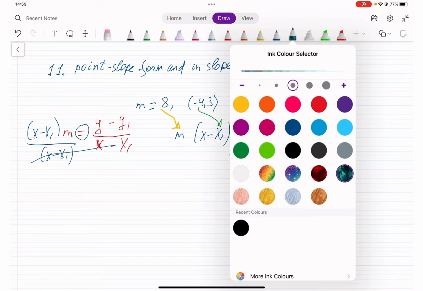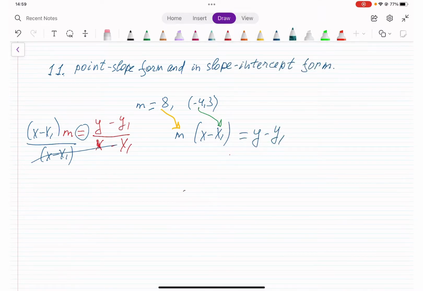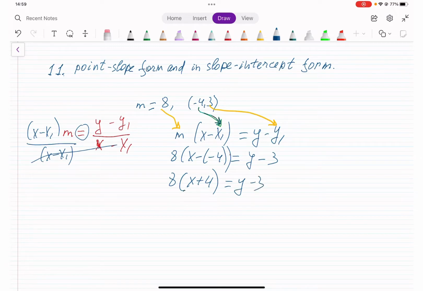So -4 is coming here as x1, and the 3 is y, plugging into y1. And as a result, we are getting 8 times x minus -4 is equal to y minus 3. So from here, we are getting 8 times x plus 4 equals y minus 3.